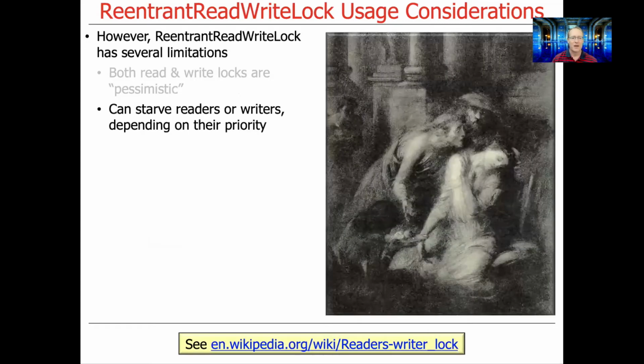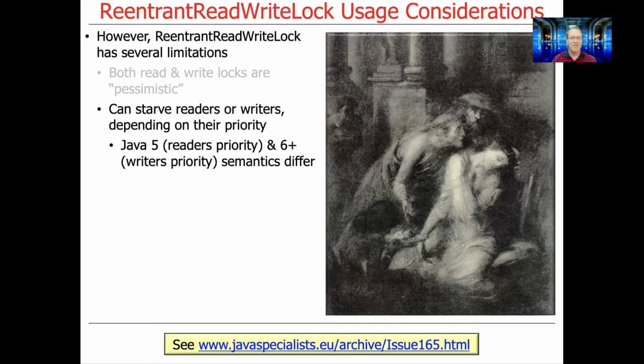best in practice. Another downside with the ReentrantReadWriteLock is it will starve readers or writers depending on which is given priority. And interestingly enough, in Java 5, which is where this was originally introduced, the readers were given priority. And then in Java 6 and beyond, the writers were given priority. You might ask, why did they make that change? Well, they originally gave readers priority because, at least in some sense, that means you would have more potential parallelism or more potential concurrency, because multiple readers will keep going as long as there are readers to be reading.